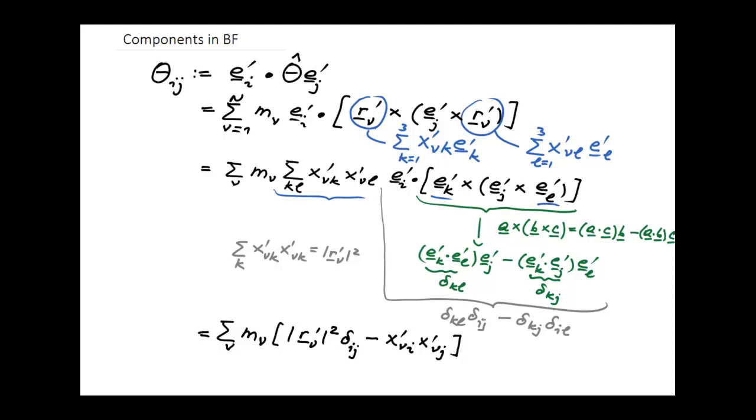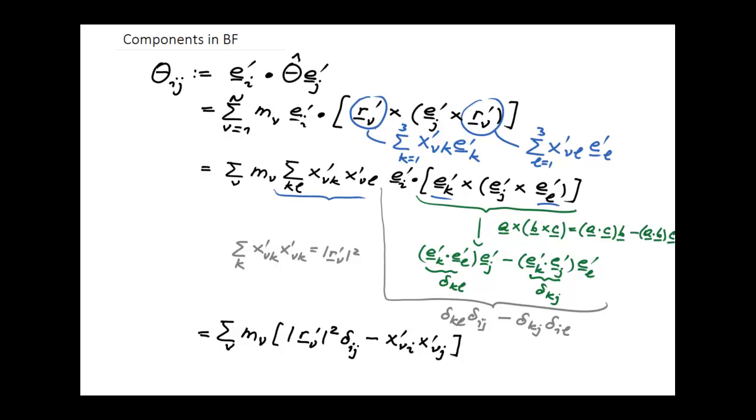So this is finally an expression for the components of the moment of inertia in the body fixed frame. In the body fixed frame, the distance of mass point nu from the origin of the body fixed frame is always the same. It's fixed. So this is constant in time.